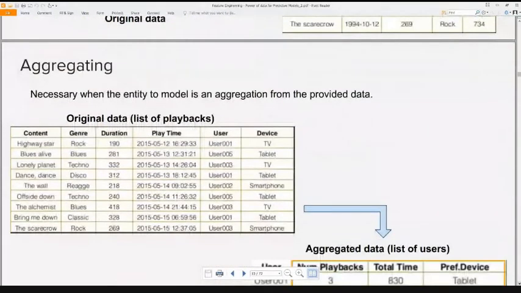Okay, so there's what is called aggregating. You remember when we were aggregating, when we were doing EDA, unfortunately, I only looked at the group by function. And now I pivot. But there are times when pivoting works.